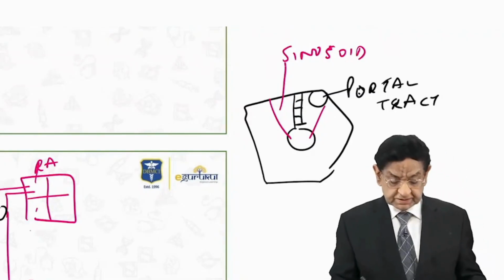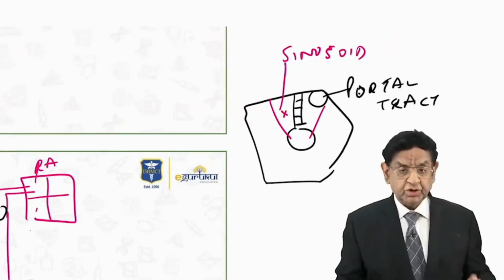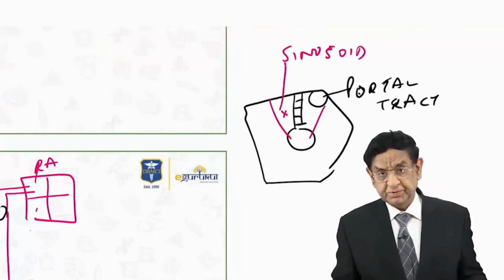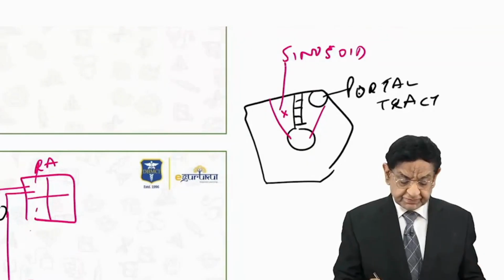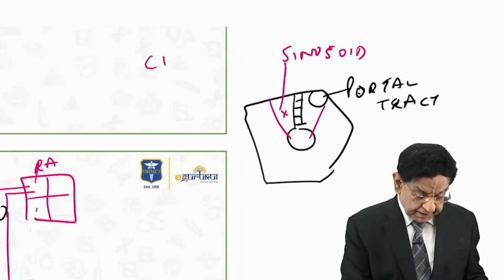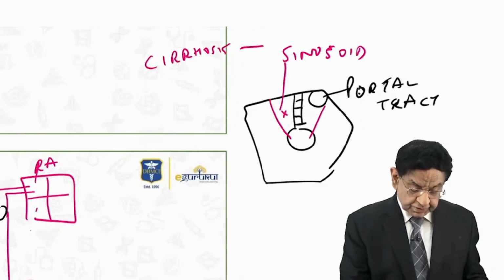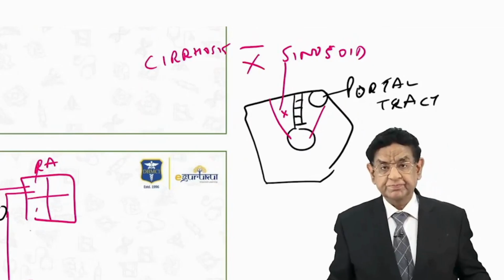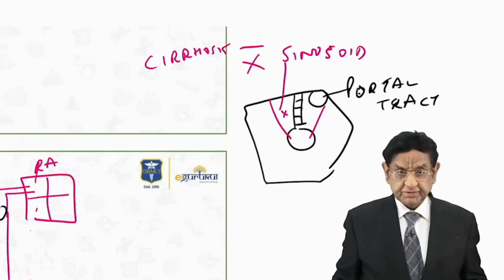Point to be noted, sinusoid blockage is not a part of Budd-Chiari syndrome. Because sinusoids we know very well, they are blocked in cirrhosis of liver. So that is not a part of Budd-Chiari syndrome.